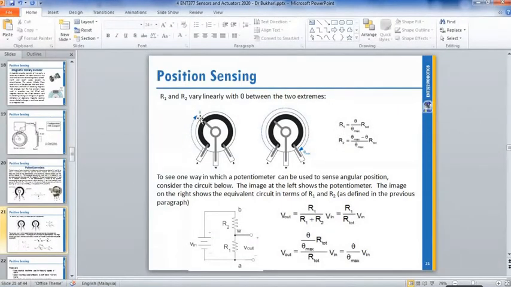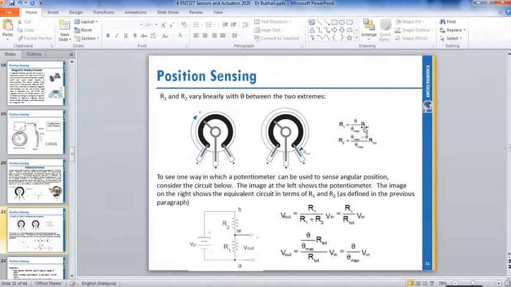Theta means where you rotate your wiper. And then the maximum theta the wiper can rotate. For example, if your variable resistor or potentiometer can rotate 180 degree, so your maximum is 180 degree. And if you rotate at the middle, 90 degree. So this is 90.